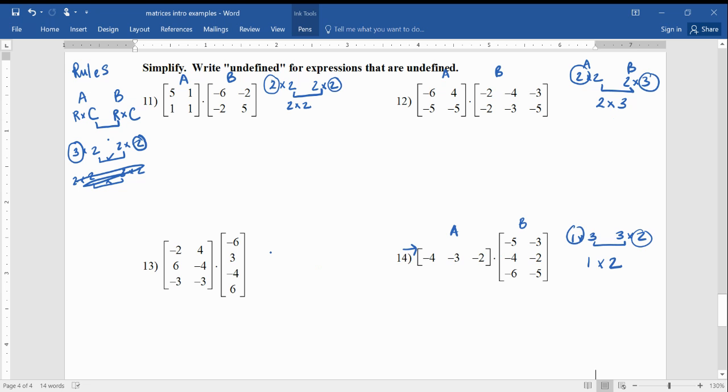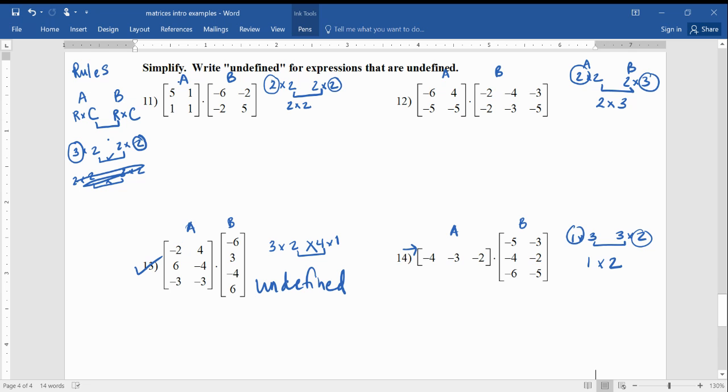We haven't done the multiplication yet; we're just doing the preview work here. So let's look at these. This is a 3 by 2, and this matrix is a 4 by 1. What do you think? Nope. Can't multiply these. So this is that undefined question right here. We won't even worry about doing this one. It's not even possible.